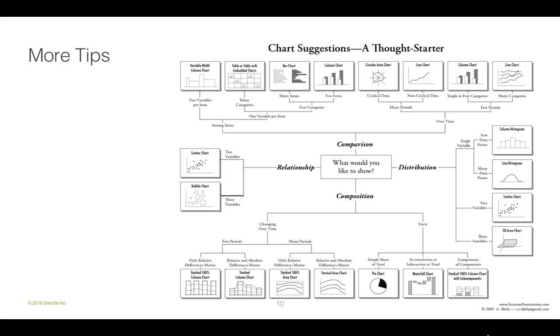So identifying the right chart based on your narrative could be made easy. You would know by that sort of categorization whether you want to use a pie chart versus a bar graph or a scatter plot, because you have to look at your narrative and identify whether you're trying to show distribution, composition, relationship or comparison. And these are just high-level guidelines to pick the right explanatory visualization from what's available out there.